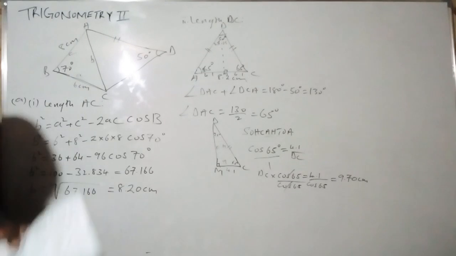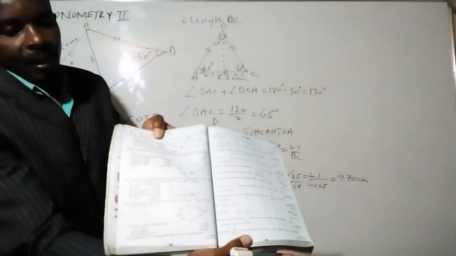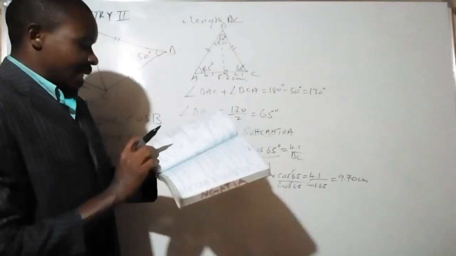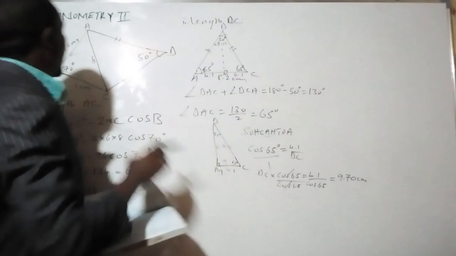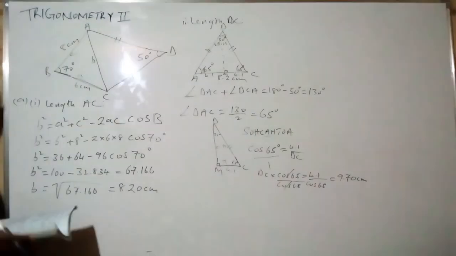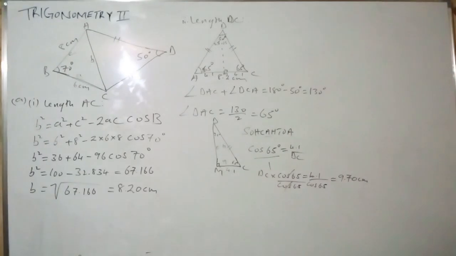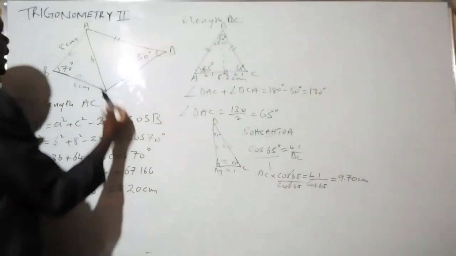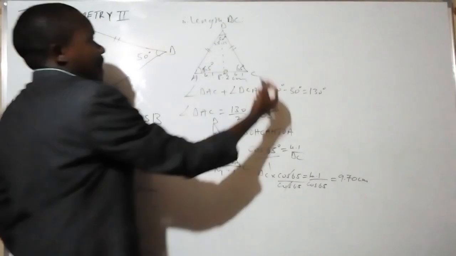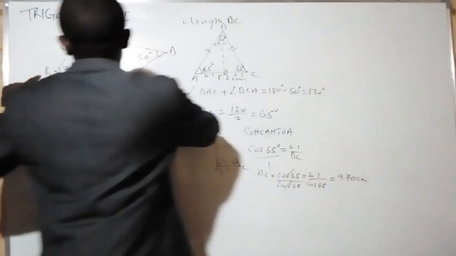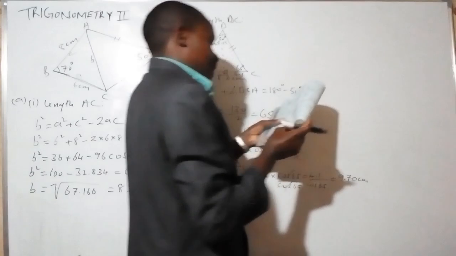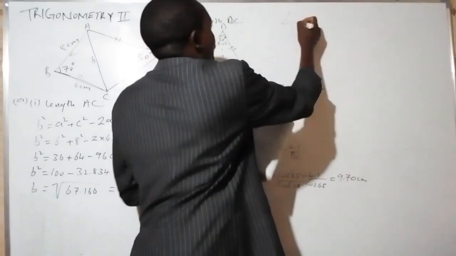Next we are proceeding to the size of angle BAD. We can get that. First of all, CAD. Let me write it here: size of angle BAD.